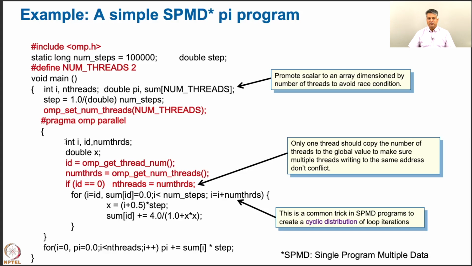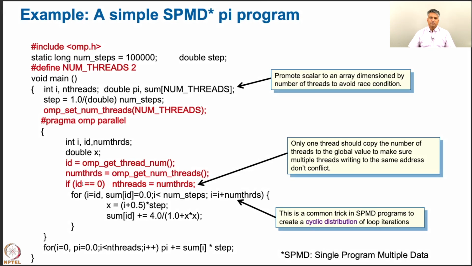Now we must remember that whatever variables are declared within the parallel section are private variables, in the sense that each thread will have its own particular copy of it. So you have numthreads and ID, which are being created over here. Now numthreads tells me what the total number of threads is, and that is put into this variable.